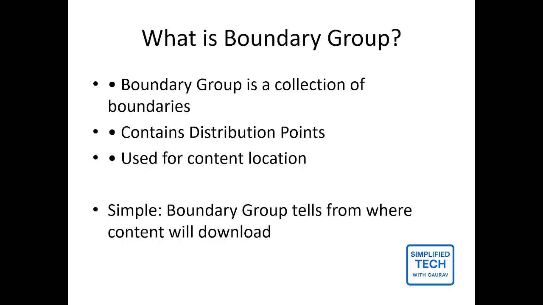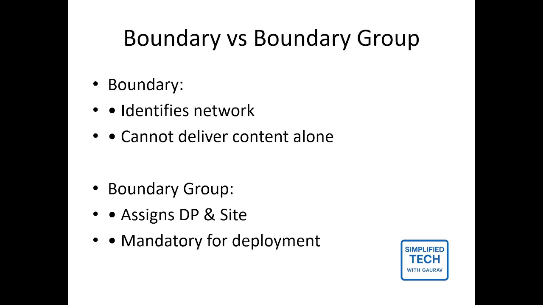First of all, you create boundaries and define the range, then create a boundary group, meaning in the boundary group you specify the range and DP information so that the client will detect these things. Boundary versus boundary group: a boundary identifies the network but cannot deliver content alone, so we have to configure a boundary group, assign DP and site, and it is mandatory for deployment.